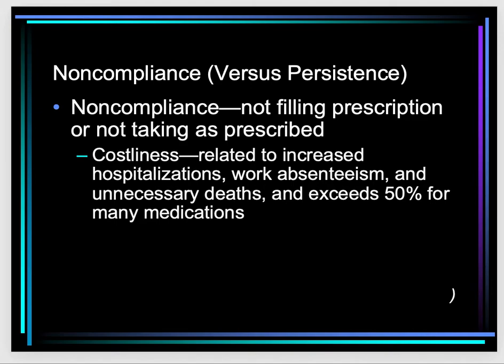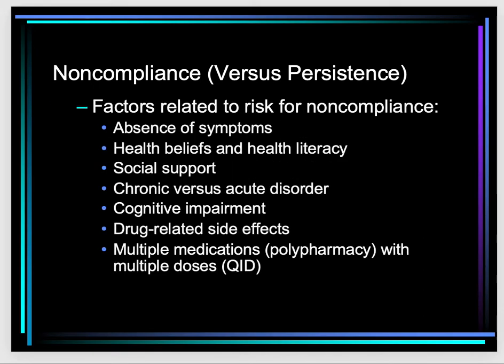So what happens is they're not taking the medicine as they should, and they're in the hospital. They're missing work. They're not well. Unnecessary deaths. So people who think they're saving money by rationing out their medicine or not filling the prescription usually lead to heftier cost on our system because the person is not well.